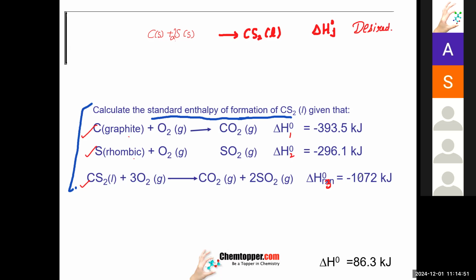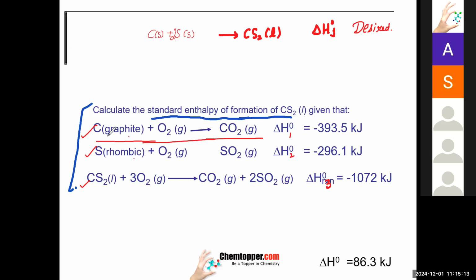I'm doing this question, so you are going to listen to this very nicely because the next question you people are going to do. I will be looking at my desired equation. I want carbon solid. So I will see which equation is giving me carbon solid. This one.